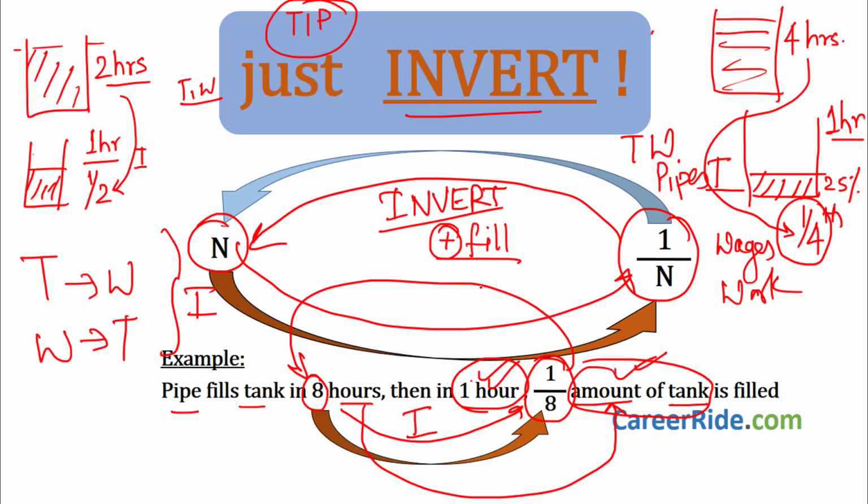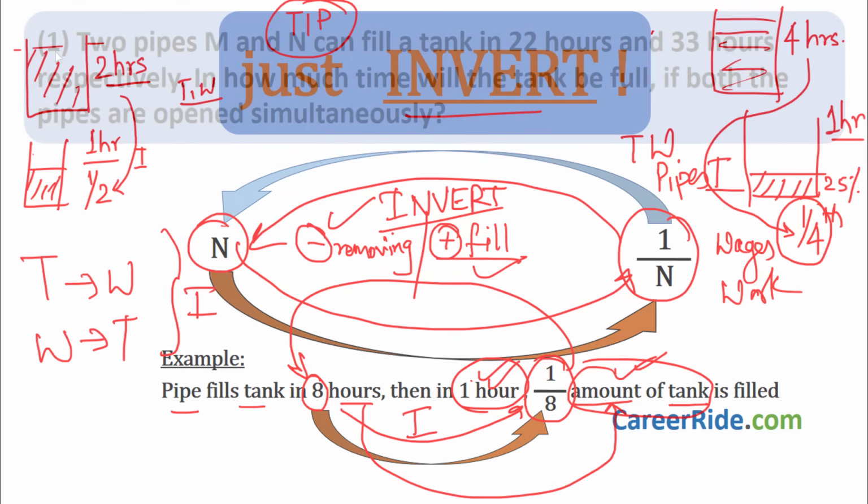When the vessel is getting empty, that means water is getting removed, which means subtraction. So whenever we are removing water, we subtract. Whenever we are filling water, we add. These are the only small things necessary to solve all the sums related to pipes and cisterns. Let's see how to use them while solving the sums.